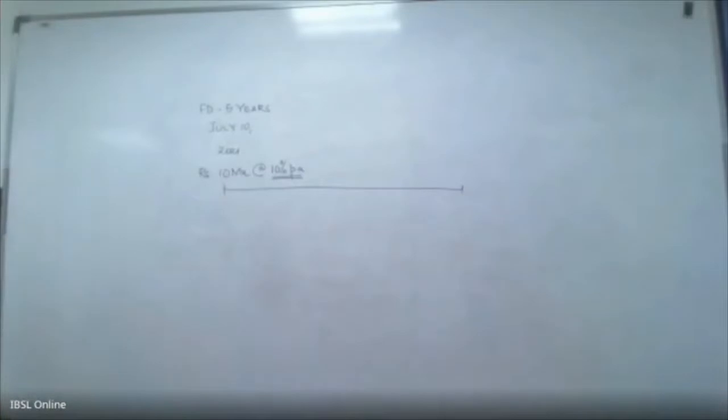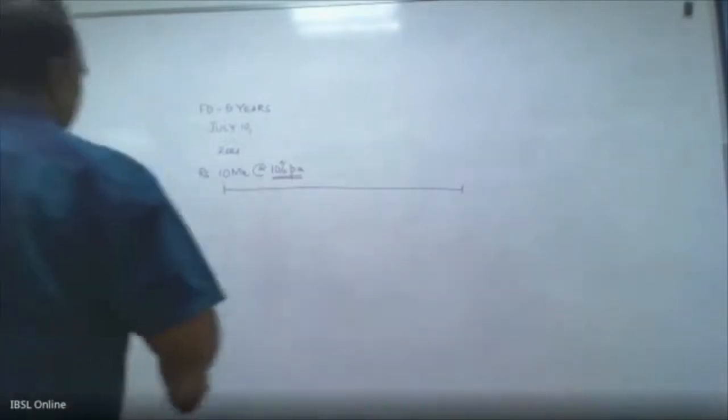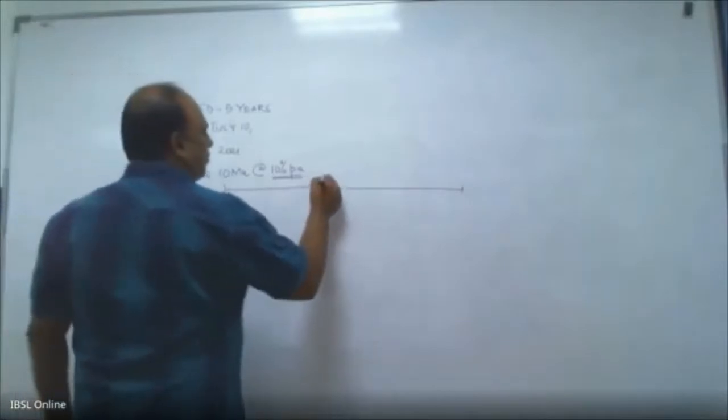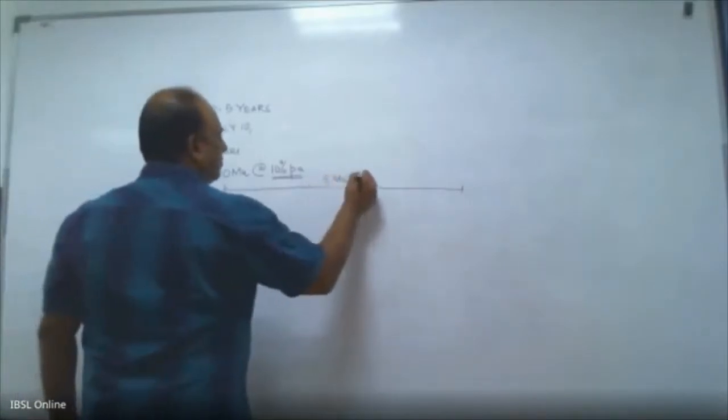How much is the interest that you will pay to this customer at the end of 5 years? Yes, very straightforward. You need to pay 5 million. 5 million is the interest.